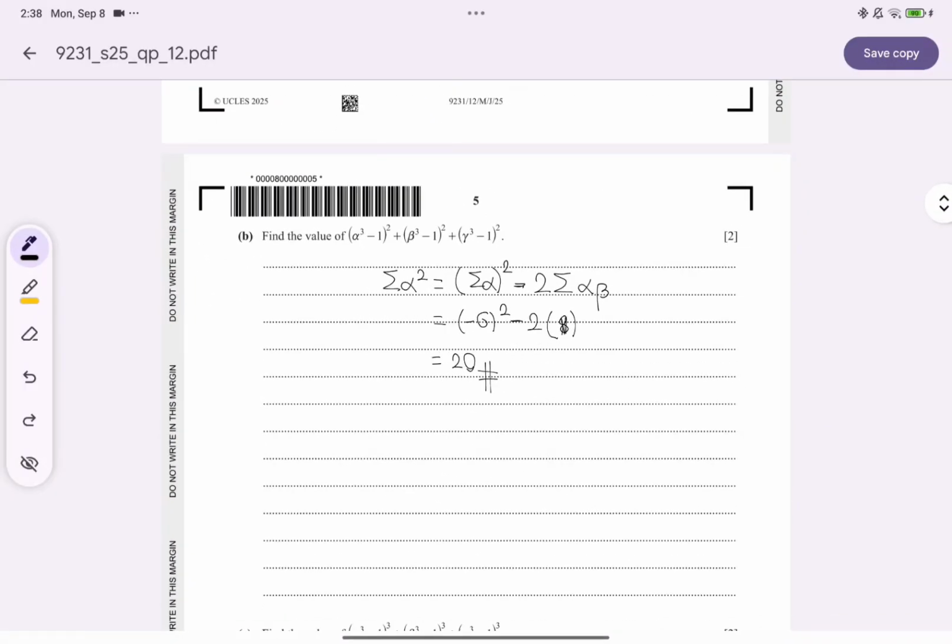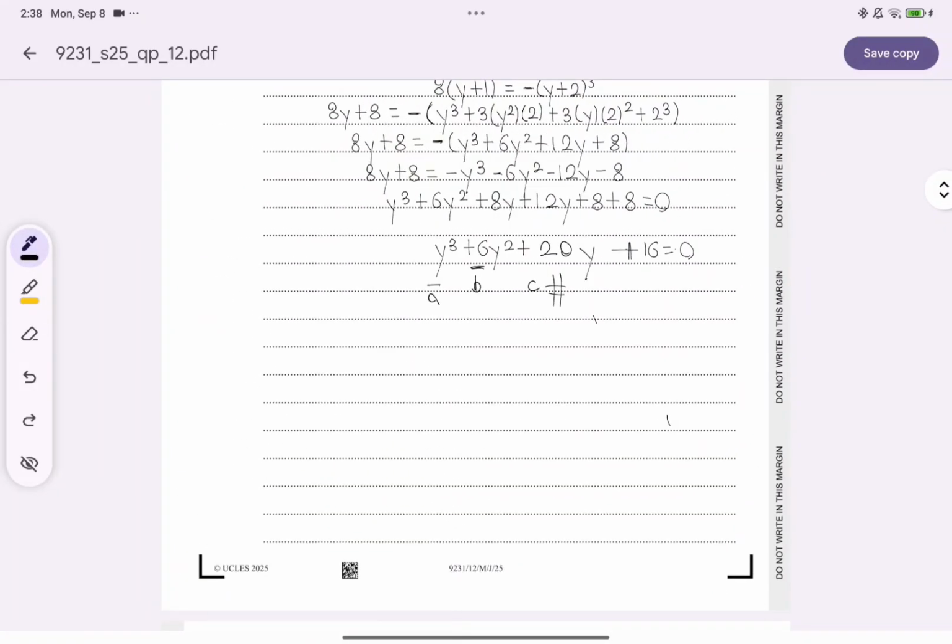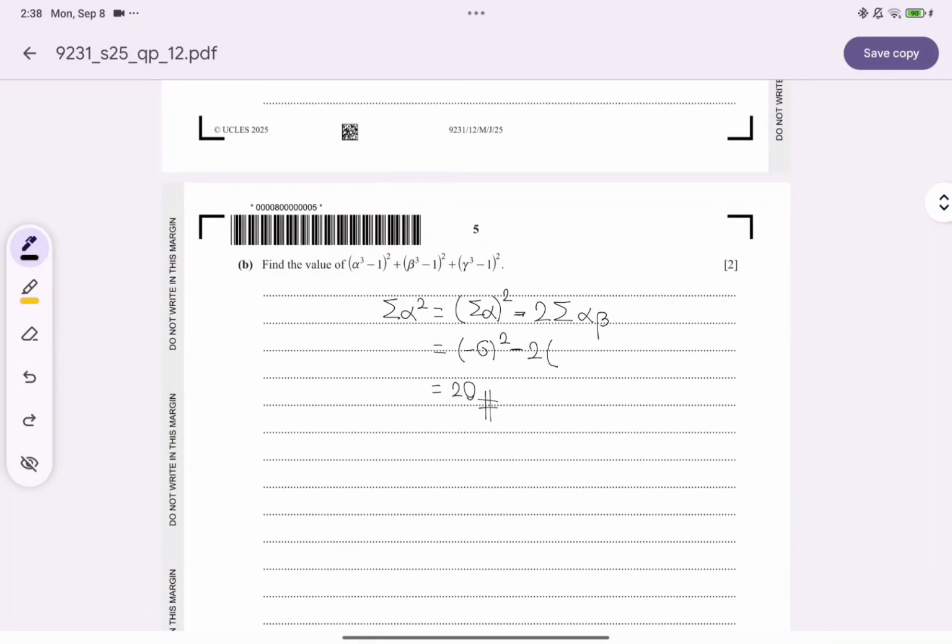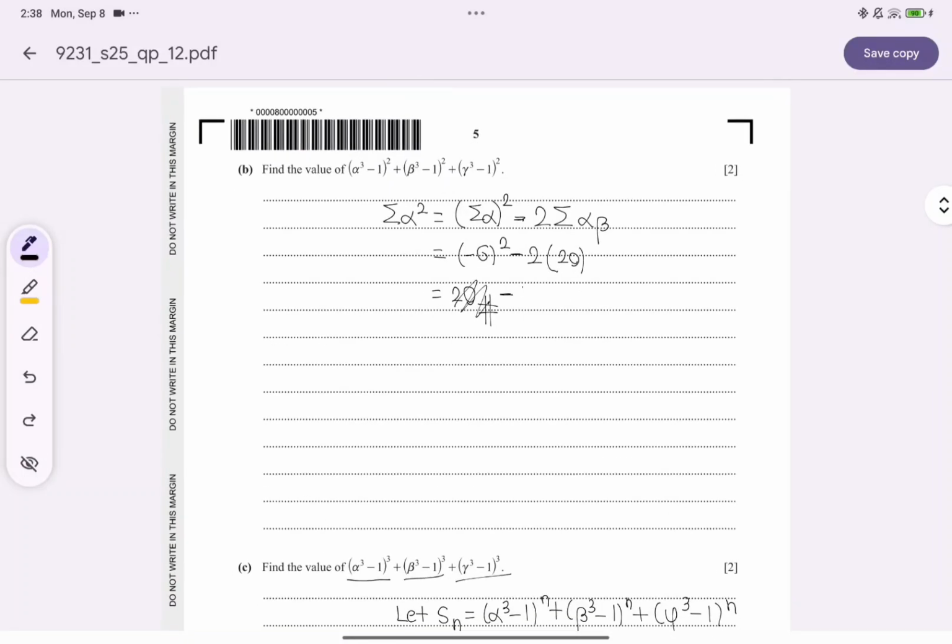Let me just quickly correct it. So this would be c over a, which is 20 in this case. So typing that, you'll get 36 minus 40, which would be minus 4. So this is the final answer for part B.